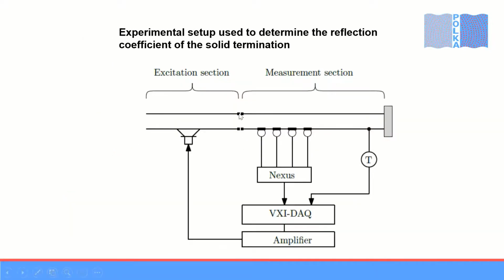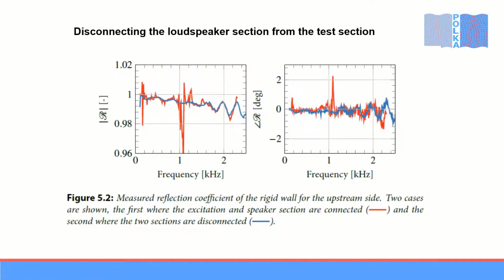Notice this thing here, which symbolizes some flexible connection between the two. That improved the results. The red curve is when the two sections are connected rigidly, and the blue curve is the case when they are disconnected. So you see you get much less variation, and later on we will compare this also to the standard.